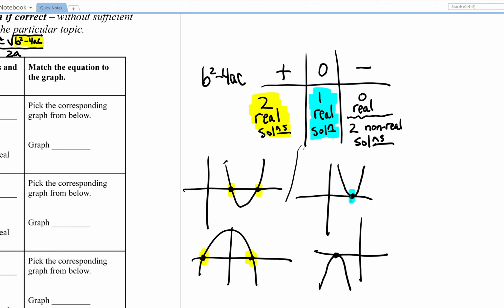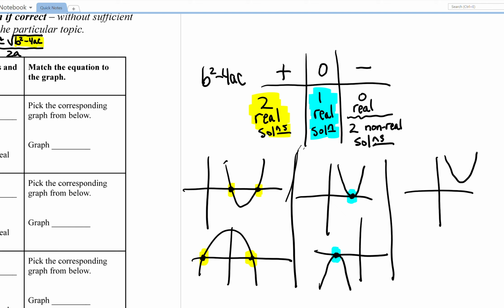It just touches one spot on the x-axis. And then finally, if it's negative, what that would look like would be it just doesn't touch the x-axis at all. So it might come down and look something like that, or it might be below the x-axis and just come up but not touch the x-axis at all.